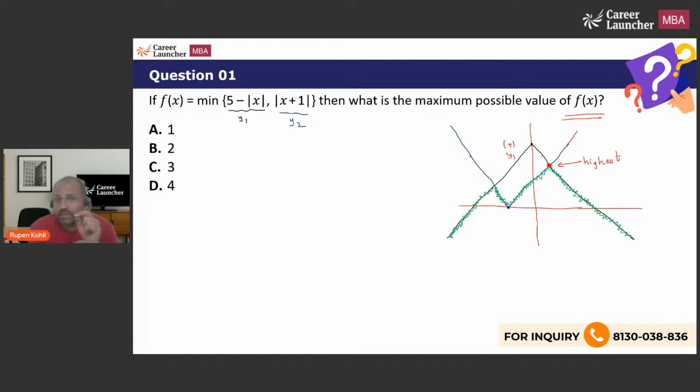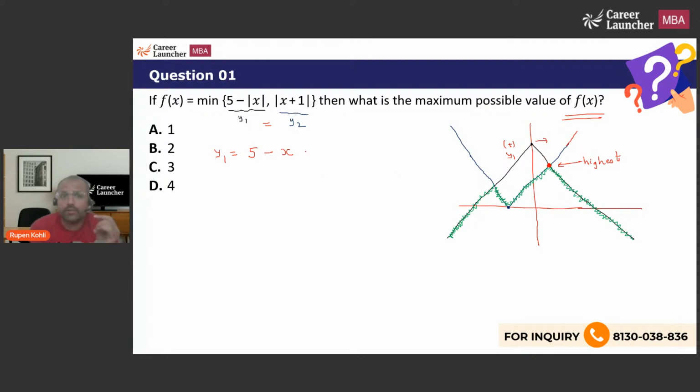So it is for x more than 0 over here. So y1 needs to equal y2. So what will be y1? Y1 will be 5 minus x itself, because x is positive, right? So 5 minus mod x will open as 5 minus x.